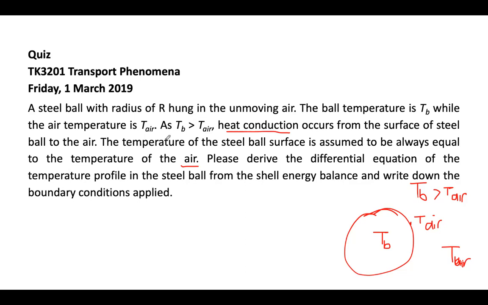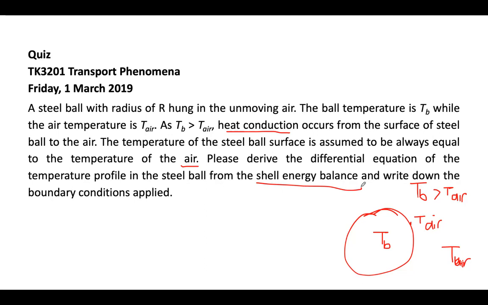Okay, so here, please derive the differential equation of the temperature profile in the steel ball from the shell energy balance and write down the boundary condition applied. Okay, so now the key is actually the shell energy balance. So we have to make the shell energy balance, and then later on we're going to do the integration, but in a sphere.